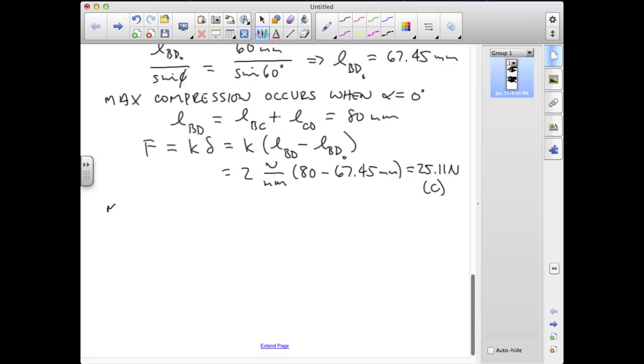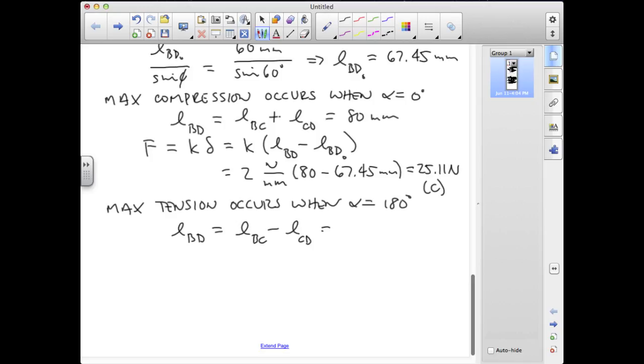The maximum tension occurs when alpha is equal to 180 degrees. There, the length of BD is equal to the length of BC minus the length of CD, and that's equal to 40 millimeters.